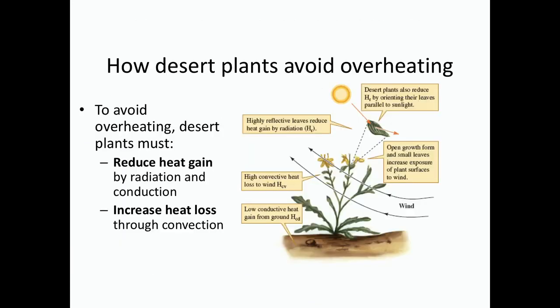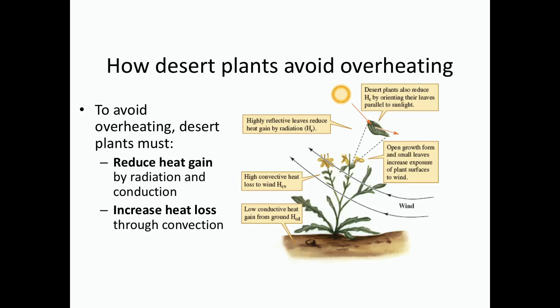Plants also have to be able to avoid overheating, and I wanted to look at a few different kinds of morphological changes that plants have that allow them to avoid overheating or to stay cold. So desert plants typically have the problem of overheating. There's so much solar energy, they can get too hot, and remember, if they get too hot, their enzymes will denature and be non-functioning.